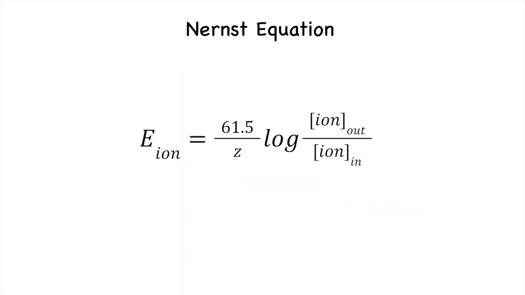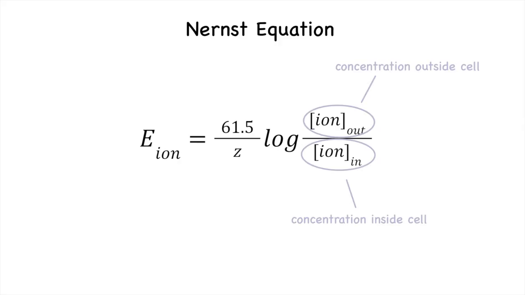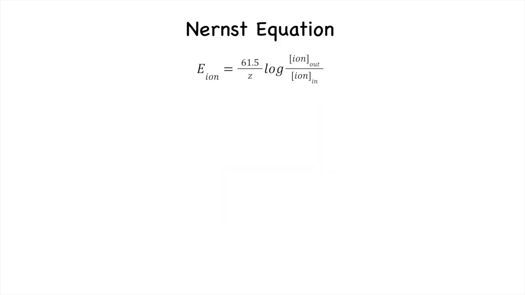These values are determined by the Nernst equation, which calculates equilibrium potential based on the concentration of the ion inside and outside of the cell, as well as the valence of the ion. When the concentration of an ion is higher outside the cell than inside, the concentration ratio is greater than 1, so the logarithm output is positive.